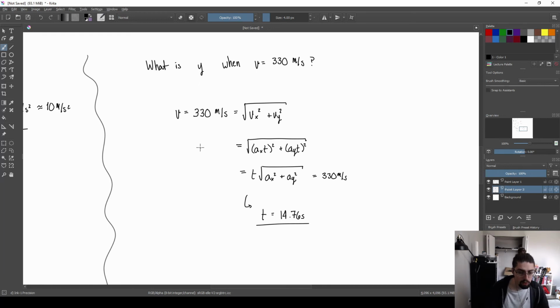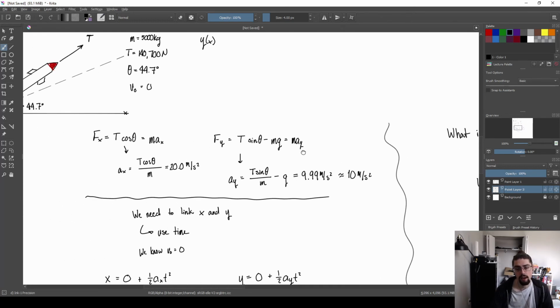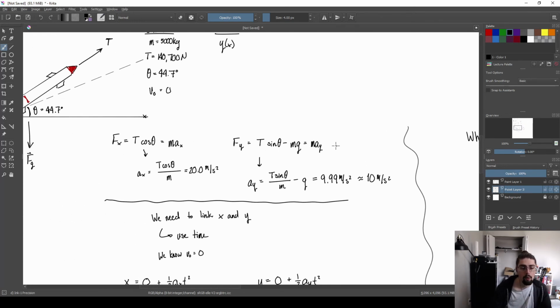Why is it incorrect to use a triangle with angle 44.7 degrees to solve for the x and y velocities? That 44.7 is not necessarily the path of our velocity, right? Keep in mind, what we have just found with the trajectory is that the angle we're taking is not 44.7. That is just the angle that the thrust is at. But because gravity is also getting involved, that is not the angle of our velocity.